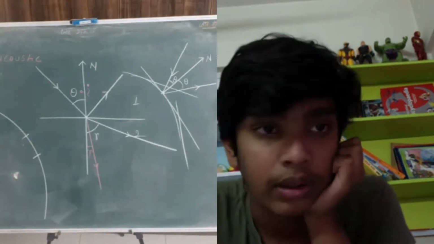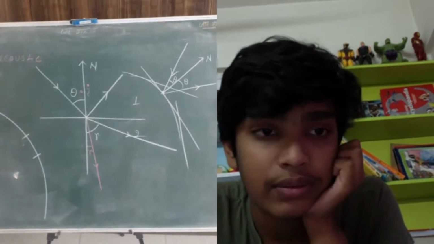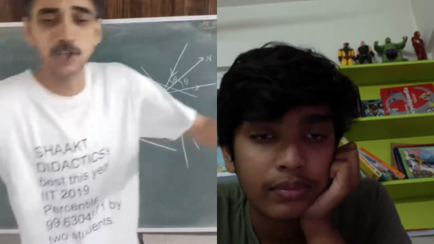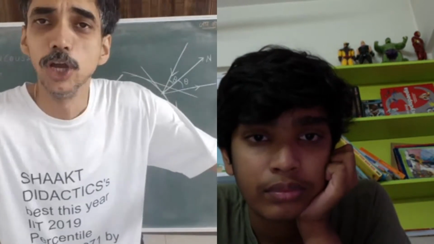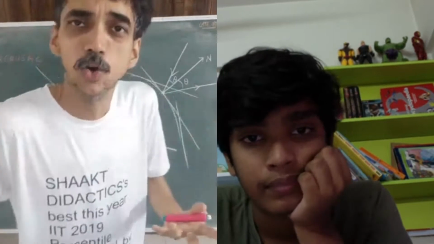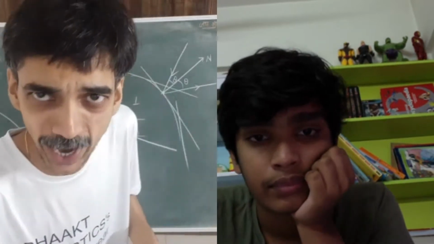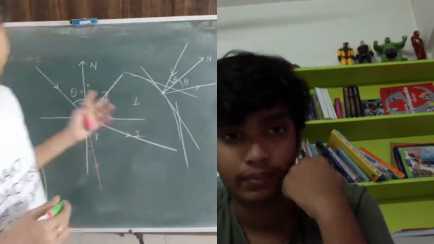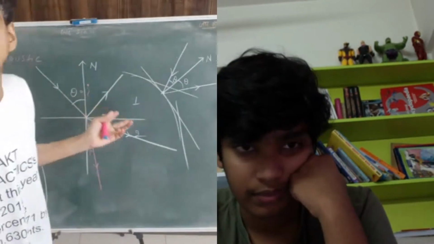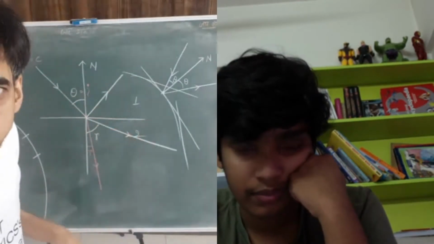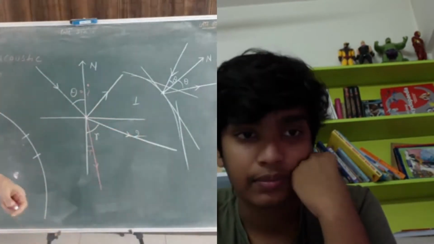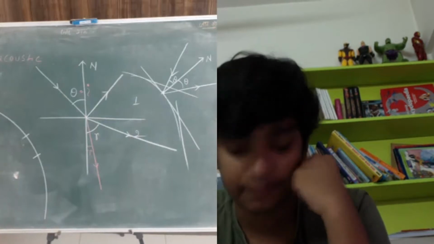Suppose you get to a place which was crowded and all of a sudden you find yourself in an expanse. What will you do? You will move freely, right? It's natural for your speed to increase, correct? So light also finds itself in a rarer medium. What happened to its speed? Its speed is to increase.